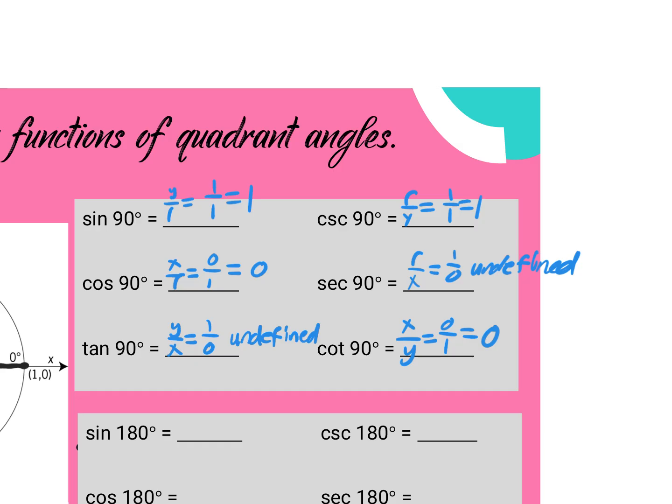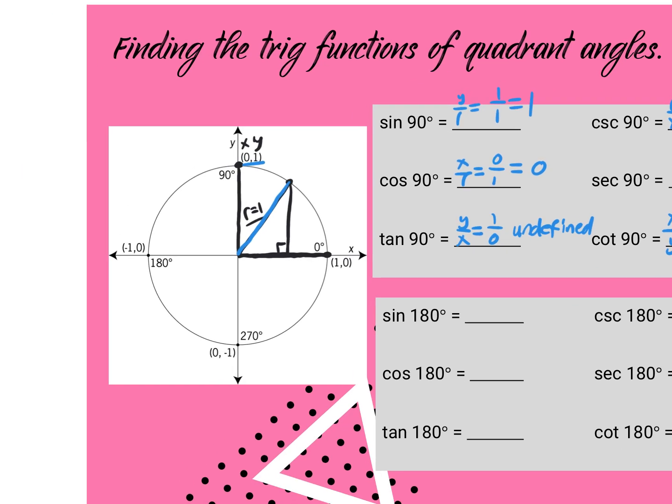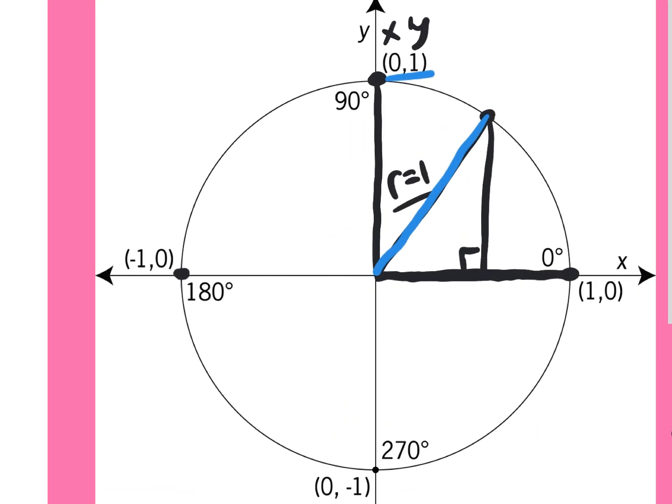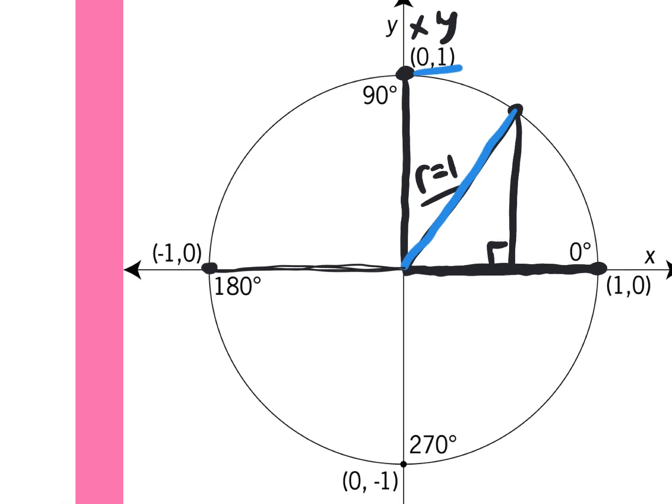All right, so we can do the same thing with sine, cosine, tangent, and so on of 180 degrees, right? If I look at the point right here at 180 degrees, (-1, 0), right, that's just a straight line, I can't really draw a triangle out of that. But I do know that it's a circle with a radius of 1, and it's on the coordinate plane, so I can label an x and a y.